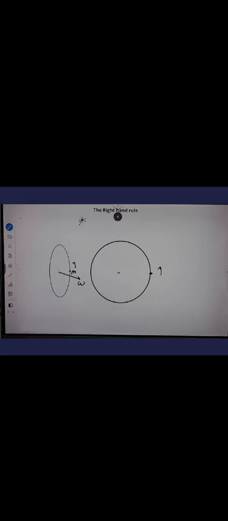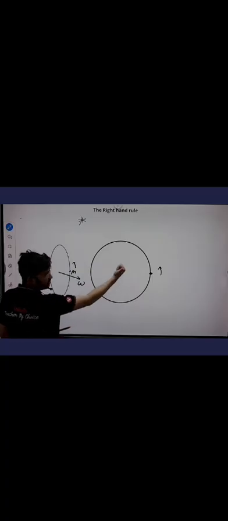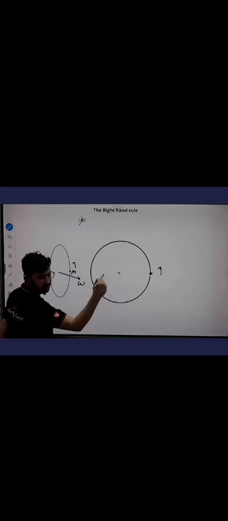So what if it goes the other way? Then it will be into the plane. Understood? Got it? If it's going that way, is it clockwise or anti-clockwise? This is anti-clockwise. If the object is moving anti-clockwise, use the right hand rule, so omega is out of the plane. But if it moves clockwise, it should be into the plane.